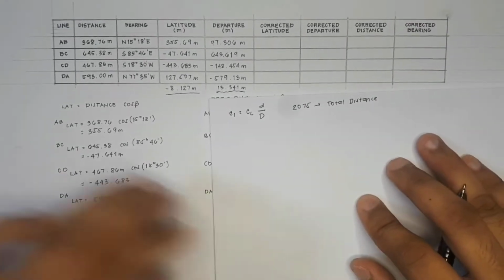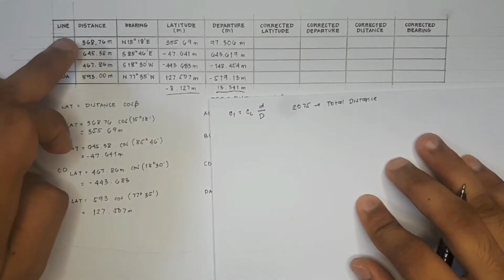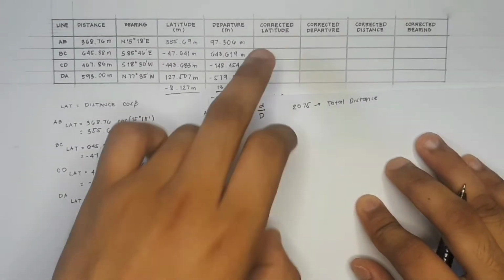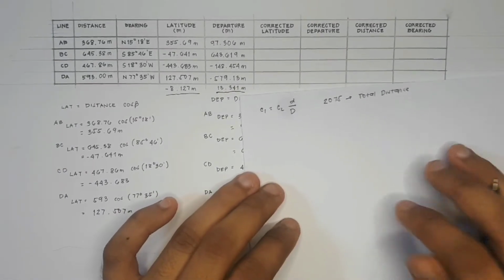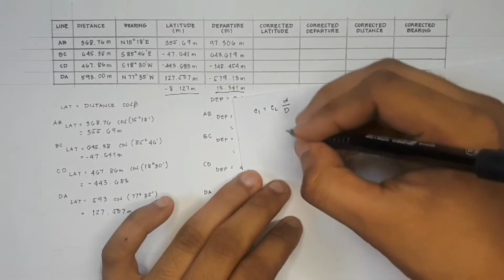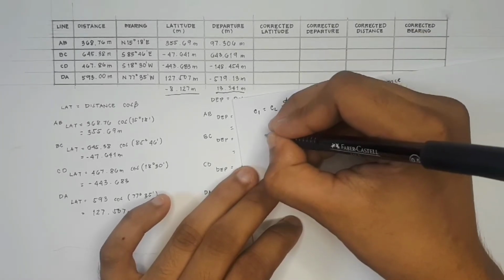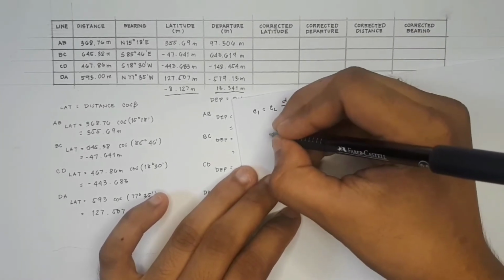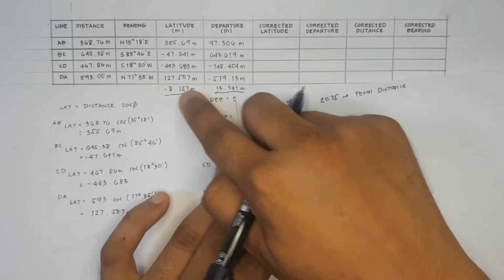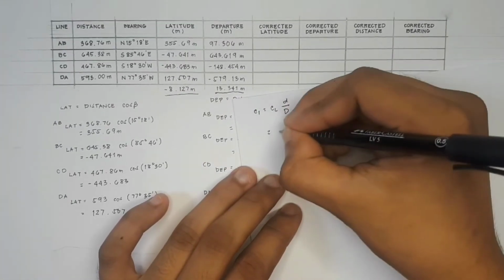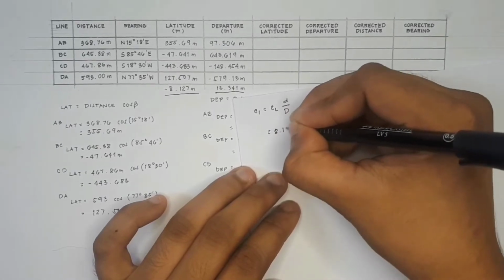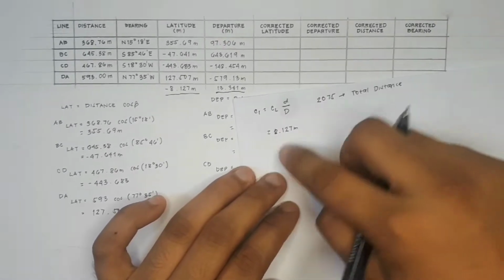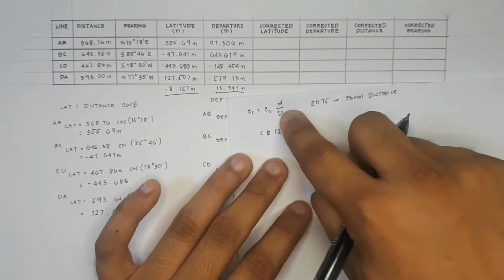So let's start from line AB. To compute the correction in latitude, we have the total closure along the latitude, 8.127 meters, disregard the sign, times the distance.